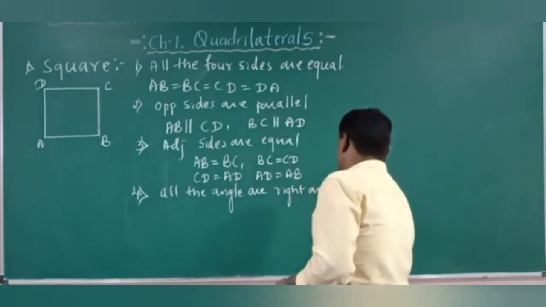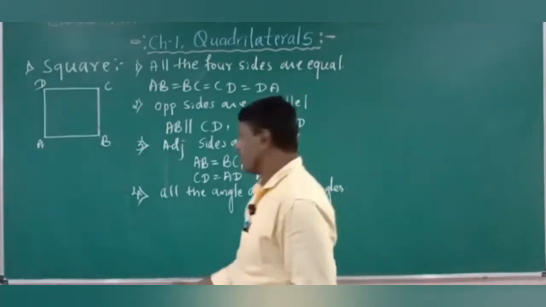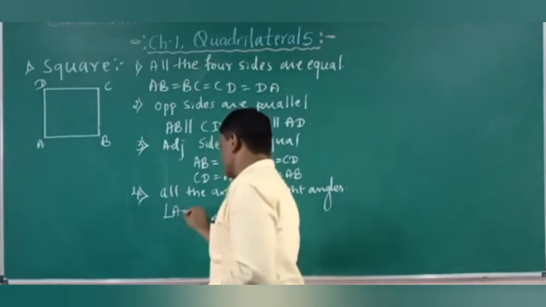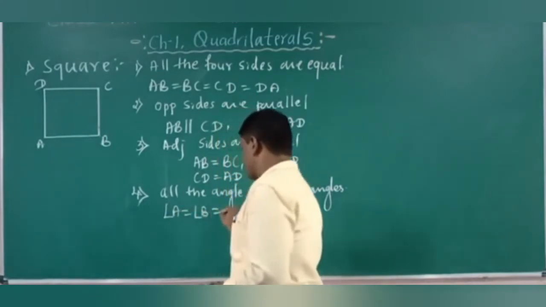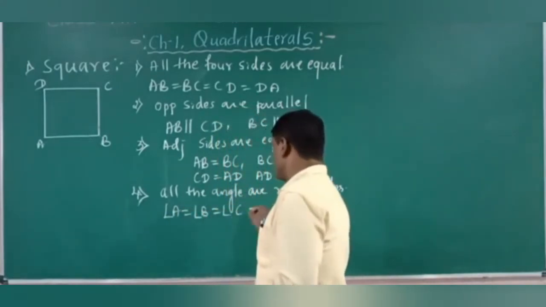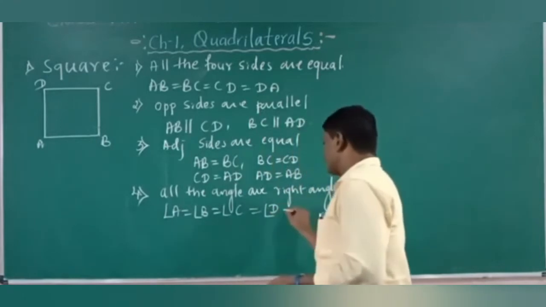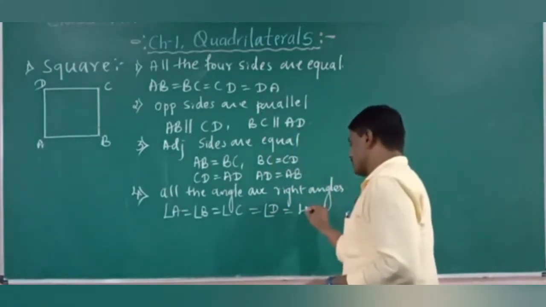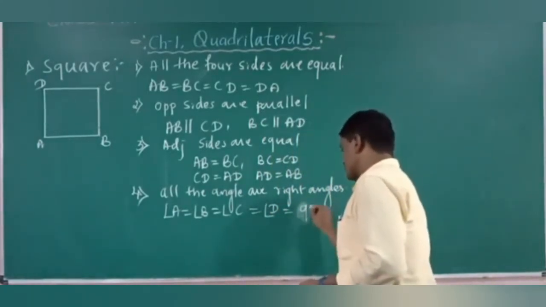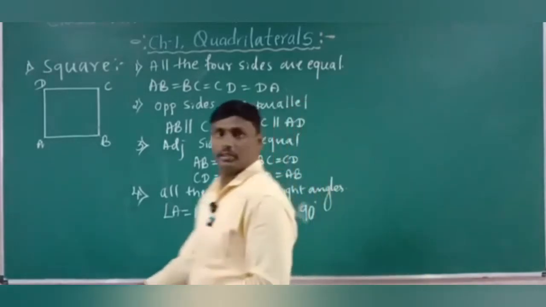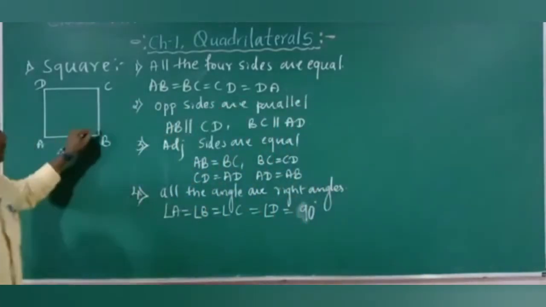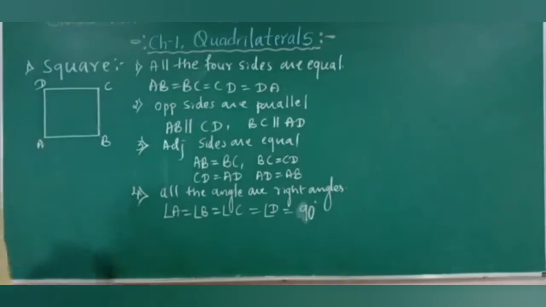All the angles of the square are right angles. Angle A is equal to angle B equal to angle C is equal to angle D. The 4 angles, each angle measuring 90 degree. So in the square, each angle is 90 degree.